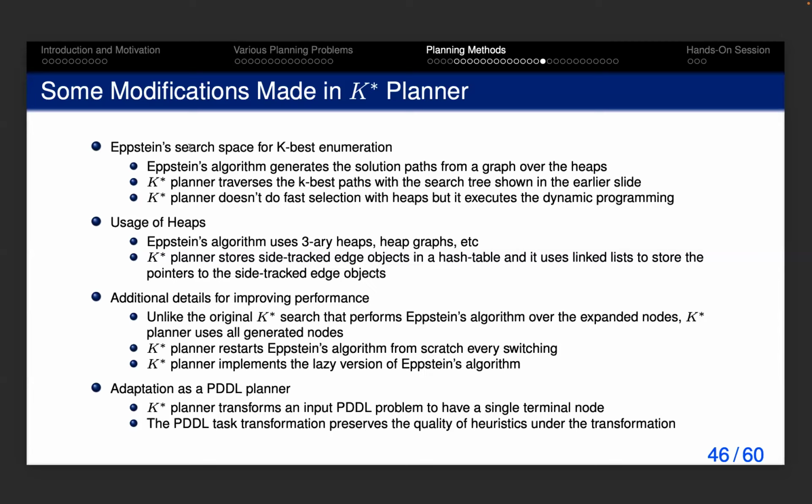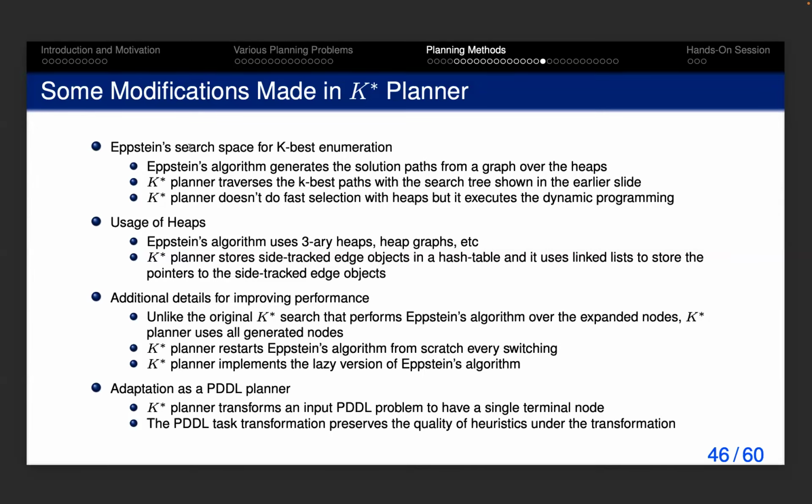One nice thing about K-star search is that if you just stay on these expanded nodes, then you can switch between A-star and Eppstein smoothly, so you don't have to reconstruct the search space for Eppstein again and again.